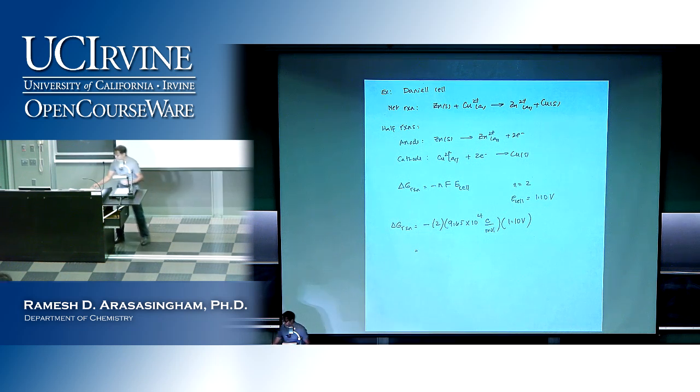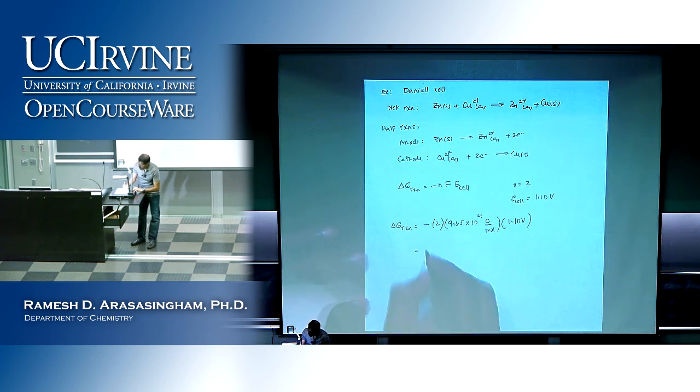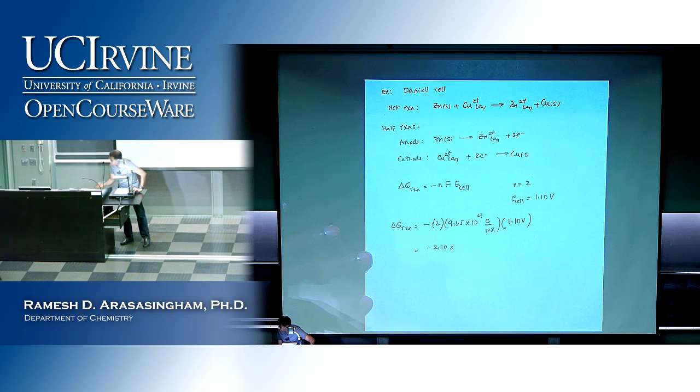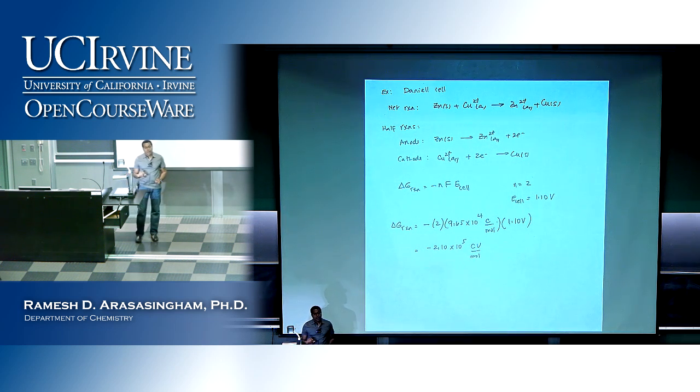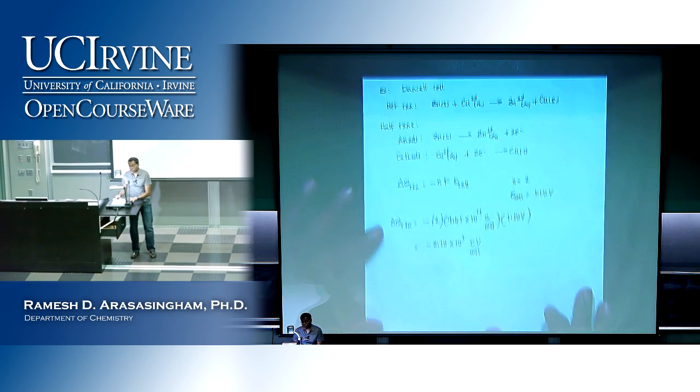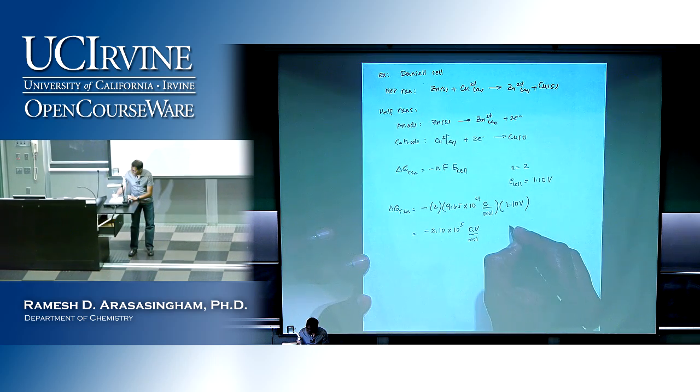So if you work that out, this would come out to be negative 2.10 times 10 to the power 5, all right, Coulomb volts per mole. Now it's important to remember that 1 Coulomb volt equals 1 joule.